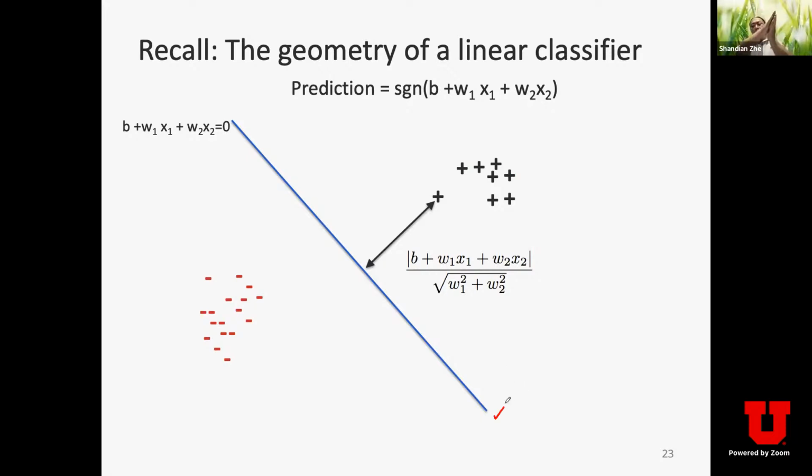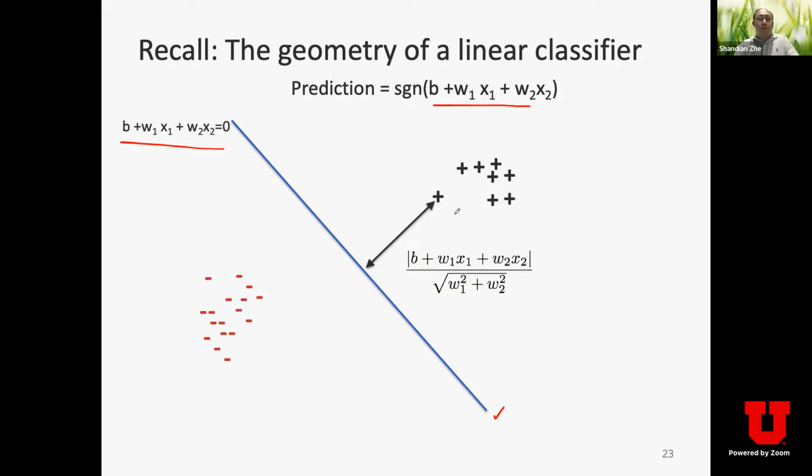The hyperplane can be viewed as a classification boundary. All the points on one side are classified as positive, and all the points on the other side are classified as negative. This boundary is represented by the equality W1x1 + W2x2 + B = 0, and the prediction is the sign of your prediction score.